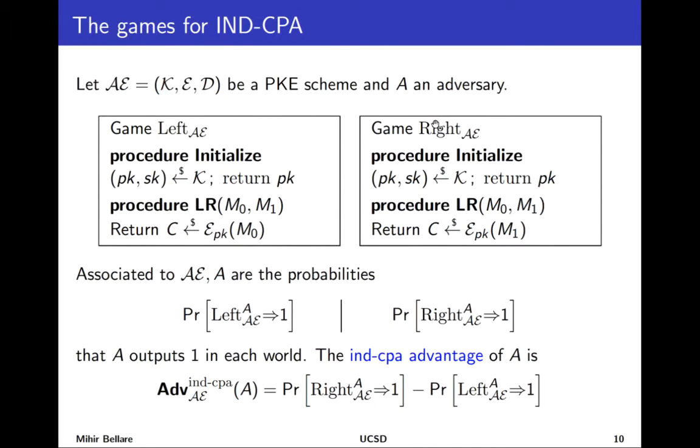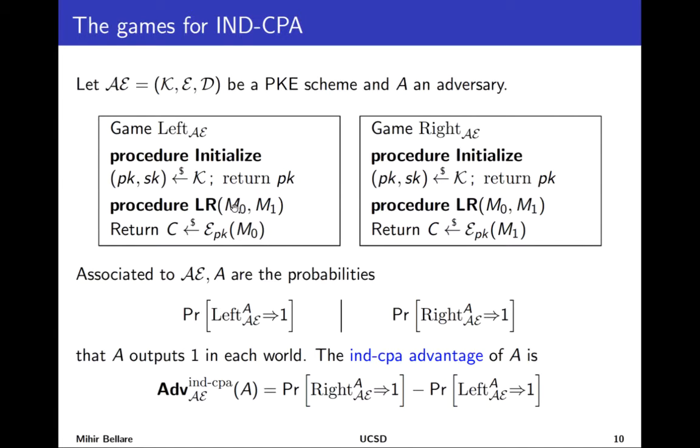The right game has exactly the same initialize procedure. This procedure is executed once, and now these keys are fixed, at least internally, to the game. The exported procedure is again called left or right. The adversary can call this as often as it wants. The arguments it must provide are a pair of messages, not one message but two, and they're required to be of the same length.